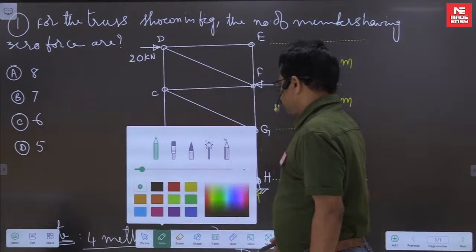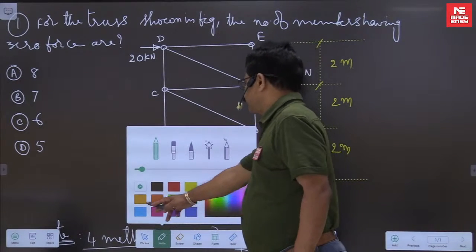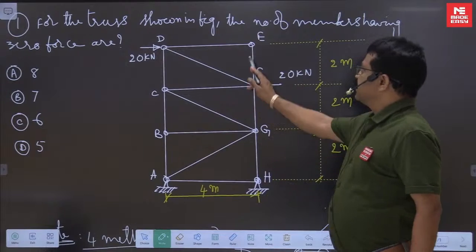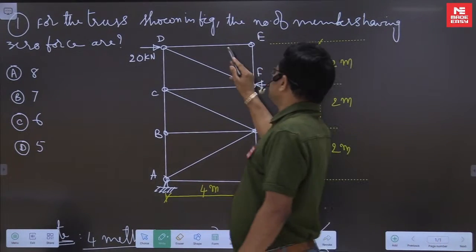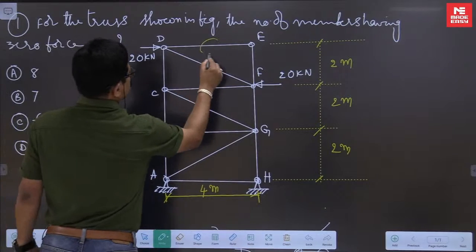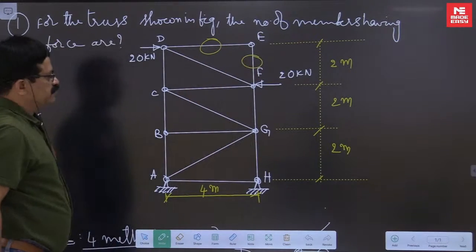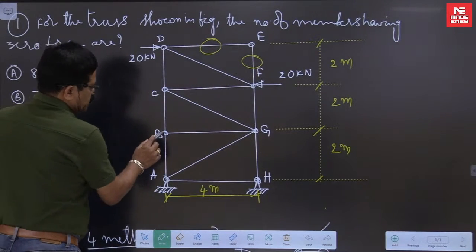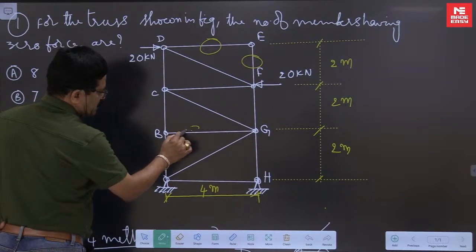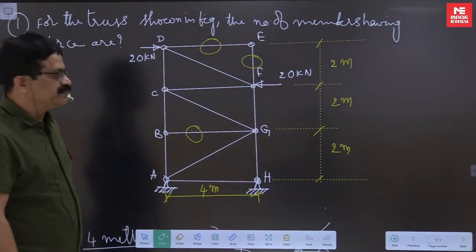Now, first take this one. At E, there are two non-collinear members, no external load. So this is zero, this is zero. Now if we take joint B, there are three members, two members are collinear, force in the third member is zero.